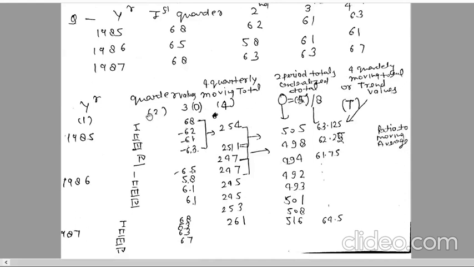So what will you do? Your first, second, third, and fourth quarter values will be here: 68, 62, 61, 63. You will write all these here, then find the total of these, which gets 254.